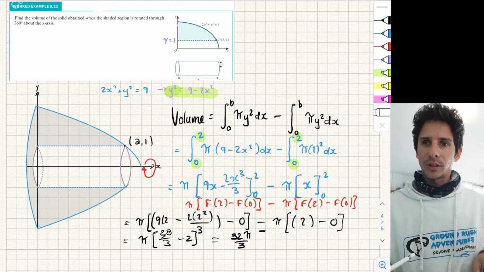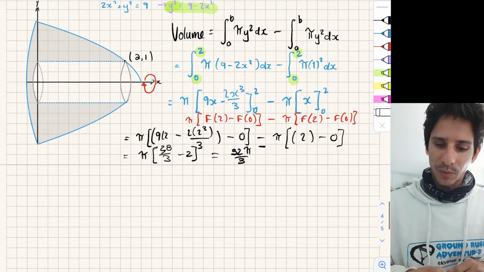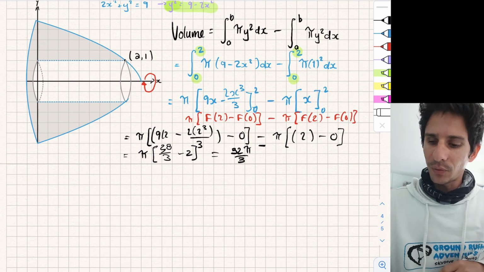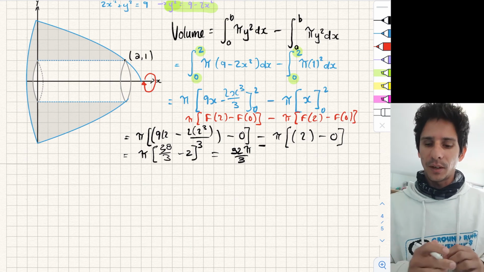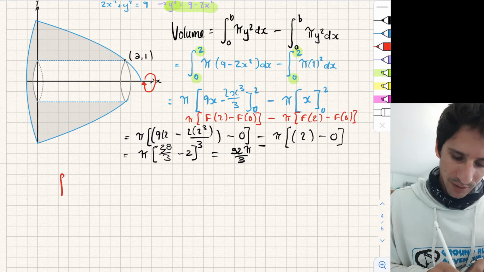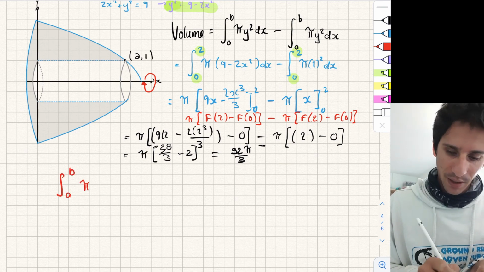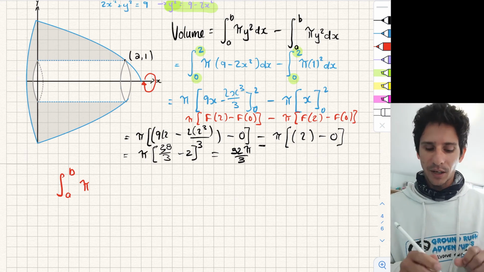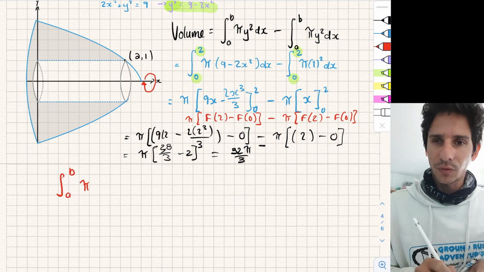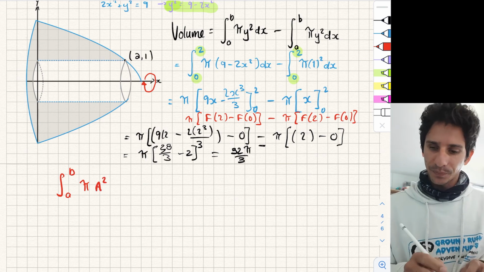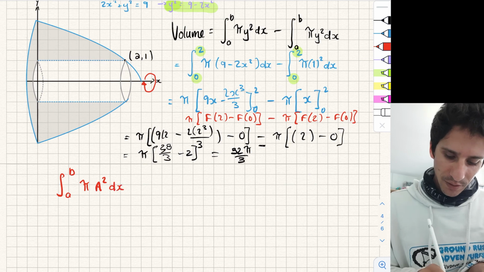So let's talk about why we have to be careful when we're combining these two functions, if we just want to combine them like we did with area. I'm going to rewrite this here. We have the integral from a to b of pi times a squared with respect to x, where I'm giving my function a random name, a.